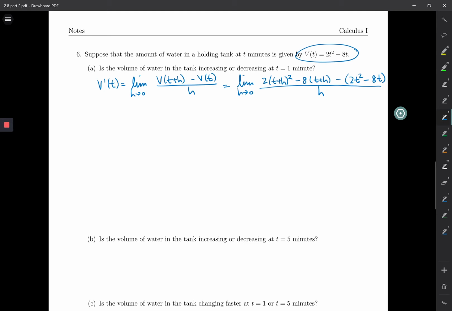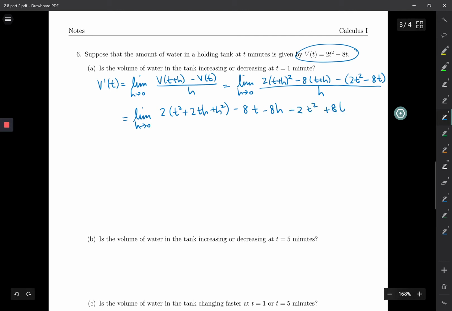With this type of limit, we usually multiply out and try to cancel. Multiplying this out, we get t squared plus 2t times h plus h squared. Then I distribute that negative 8, and I distribute this negative sign, so plus 8t.